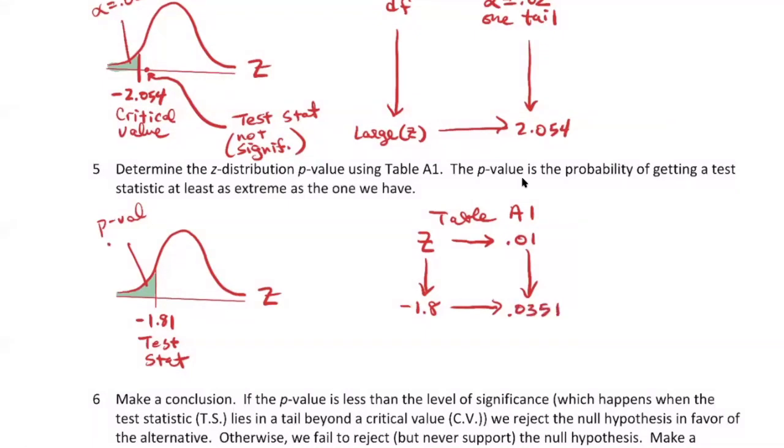That's your p-value, 0.0351. Okay, so remember, we said if it's less than 5%, it's statistically significant. So this is significant.